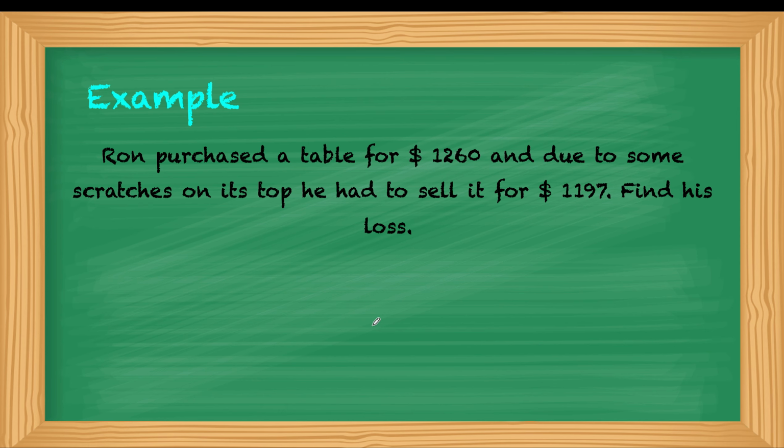Now, Ron purchased a table for $1,260, and due to some scratches on top of the table, he sold it for $1,197. What would be Ron's loss? Now, I'm going to use L now for loss. And to find the loss, we would have to subtract the selling price from the cost price.